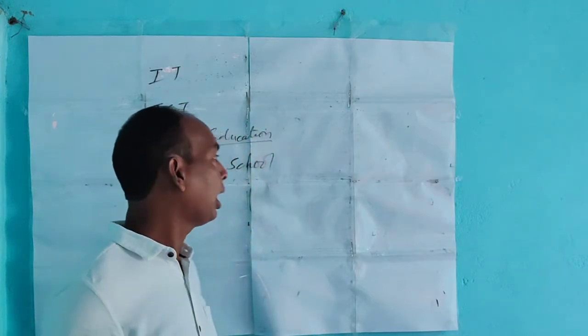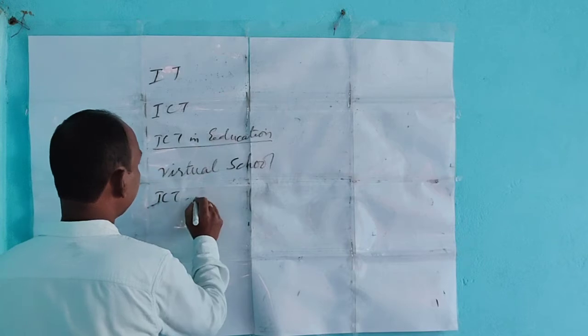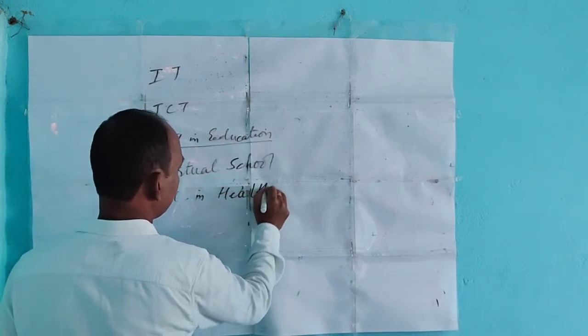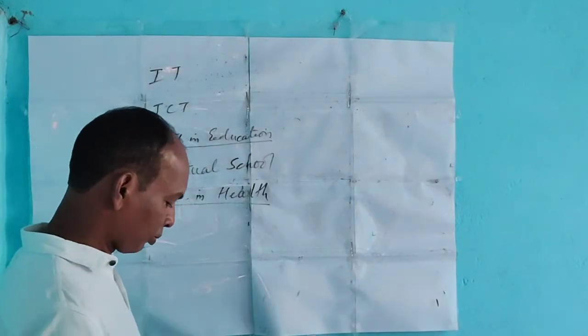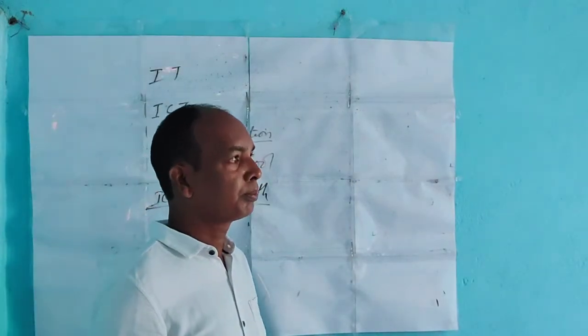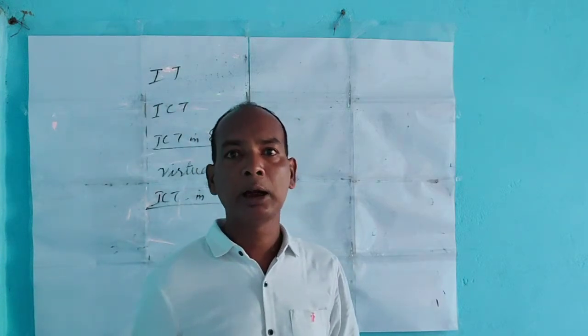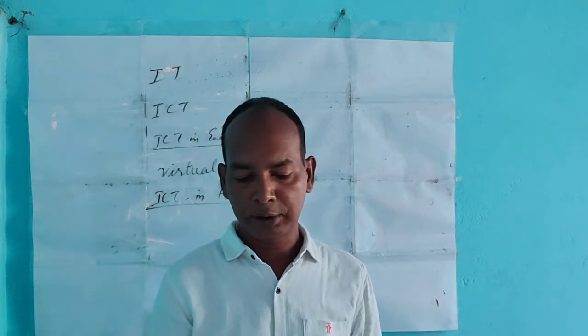Next is how ICT is used in health. ICT in health. What type of help does information technology give in health care? Number one, promoting government effort in healthcare.